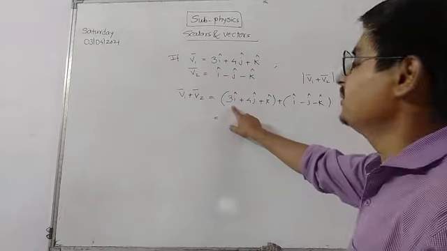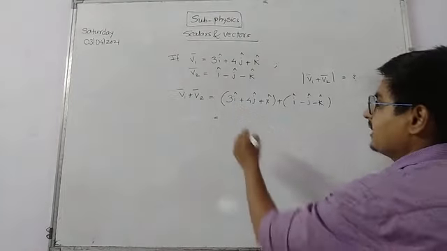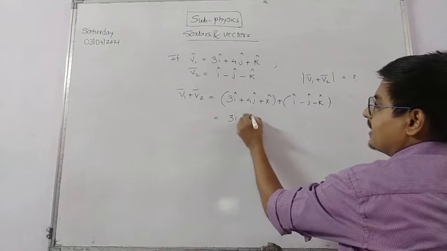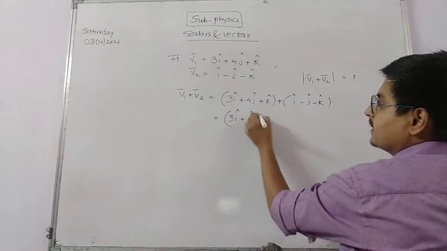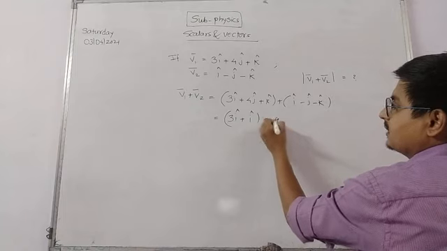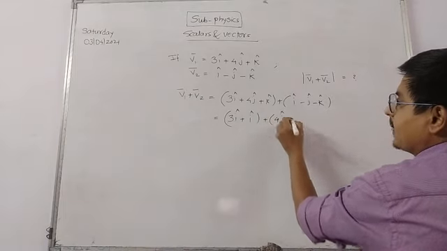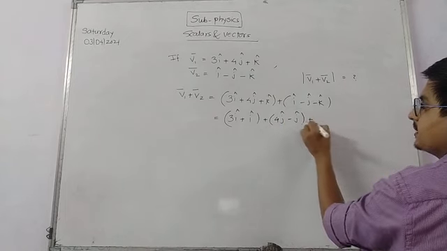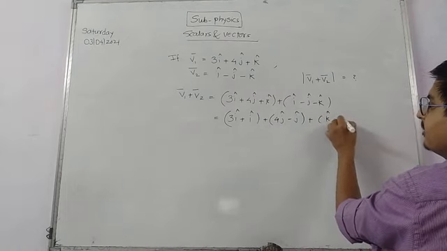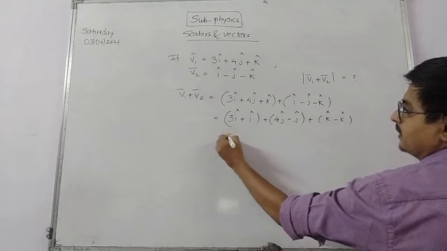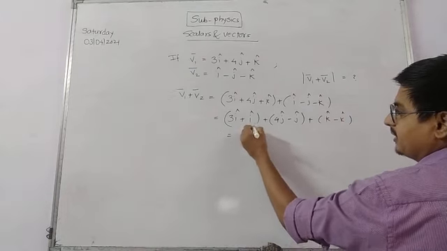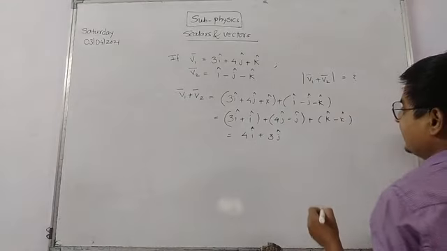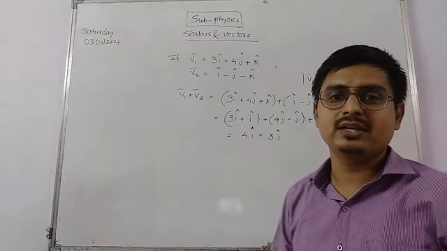Now the same terms will be taken one side, that is 3i plus i, then plus 4j minus j, plus k bar minus k bar. So you will get 4i bar plus 3j bar, and k minus k will be 0.